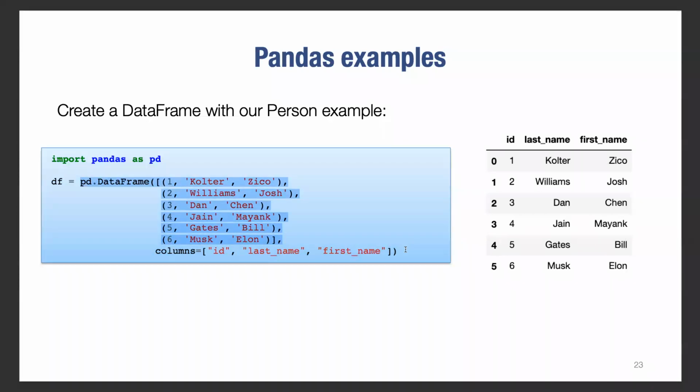So in this case, this is the syntax for creating a data frame using pandas. This is one of the syntaxes for creating a data frame in pandas. You typically import your pandas and you run this code. Take note, this syntax takes a list of each row, then you specify your column headers as another list of strings.